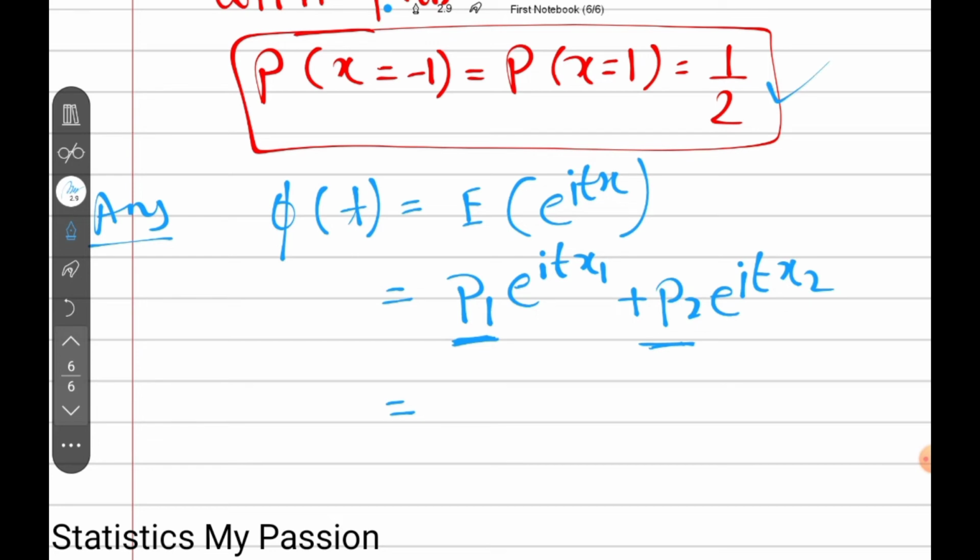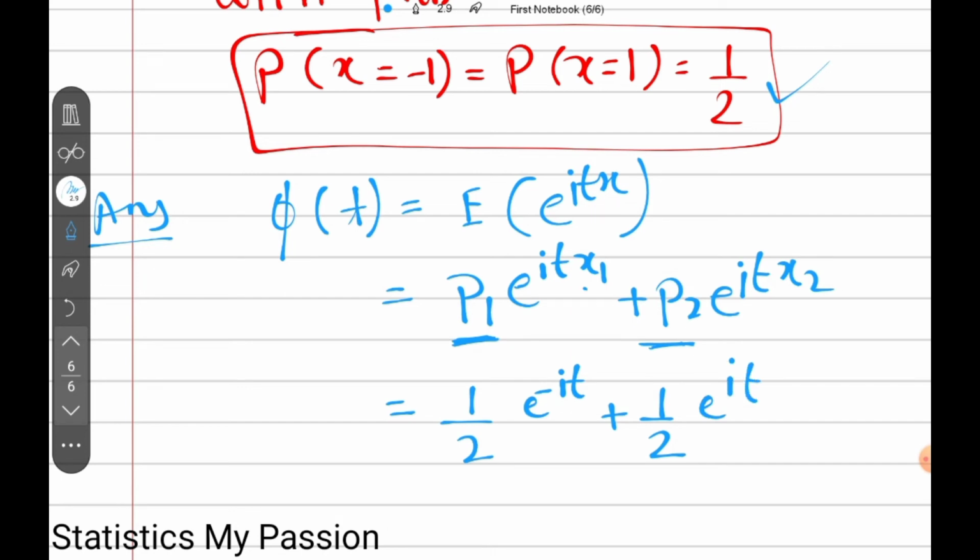So we put these values in, giving 1 by 2 e to the power minus it plus 1 upon 2 e to the power it.